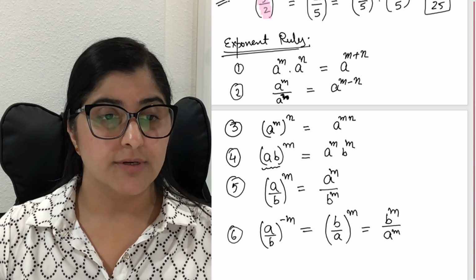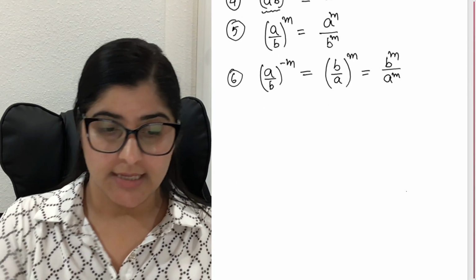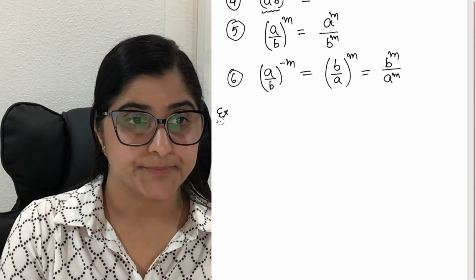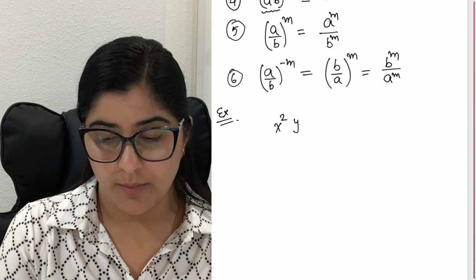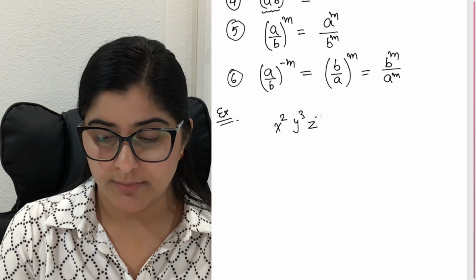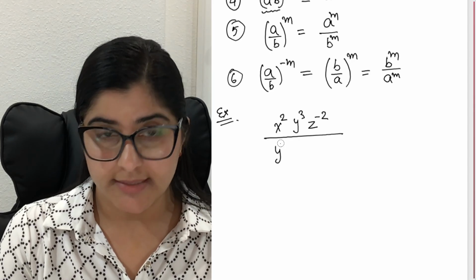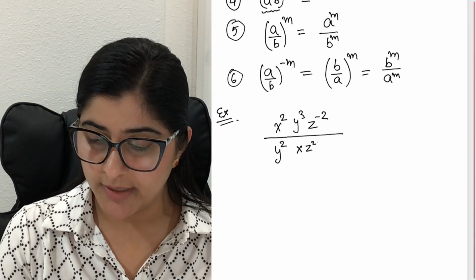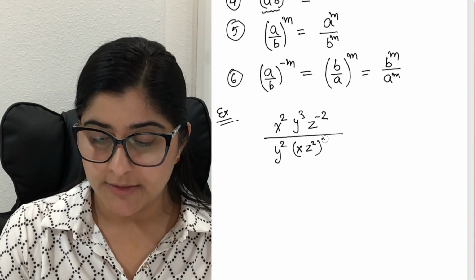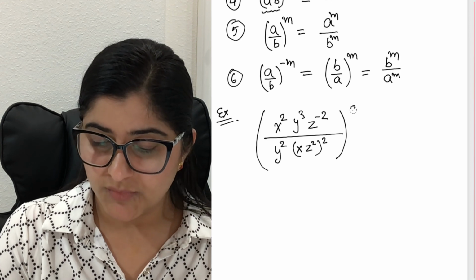So let's try to answer one question where we will use all these rules and simplify the expression. So x squared y cubed z has power minus 2 over y squared times x z squared has power 2 and everything has power 3.